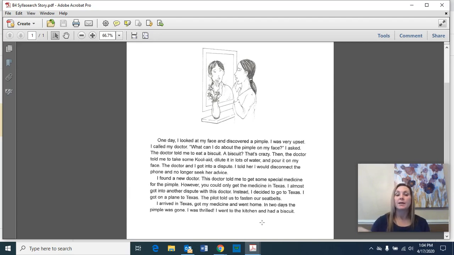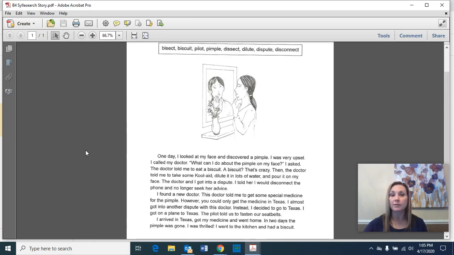All right. What I would like you to do next is go back to our Google Classroom, go into the assignment, and you can either print out your Syllasearch story, or you can read it directly on the computer. If you print it out, you are going to highlight, circle, or underline these words as you read this a second time.